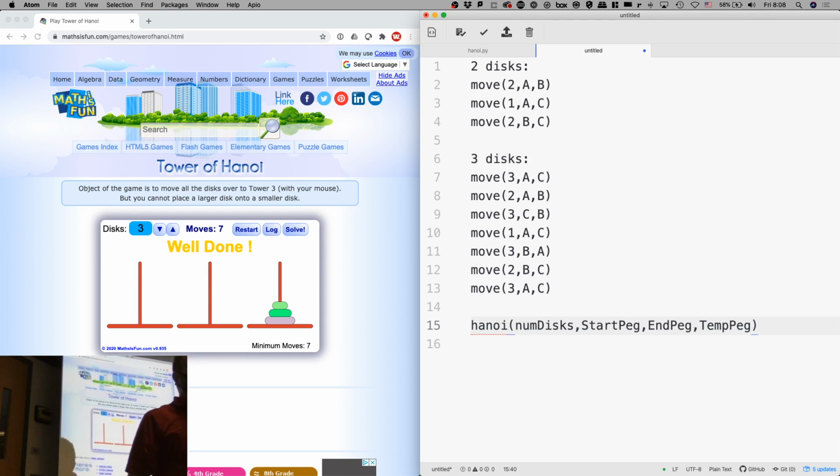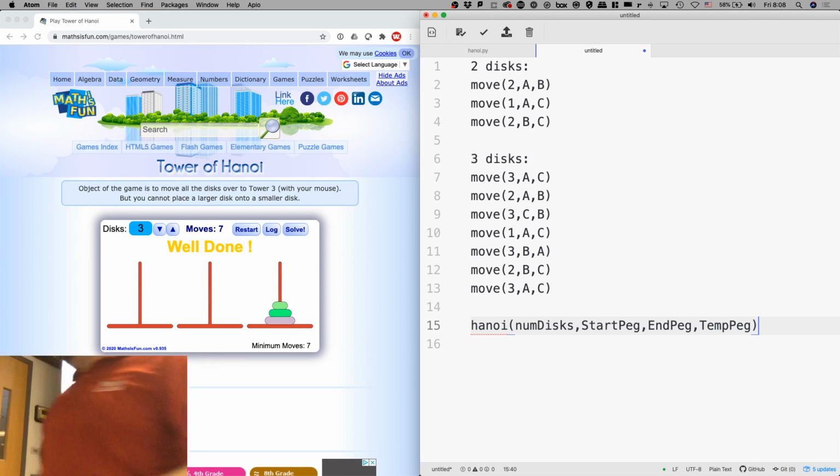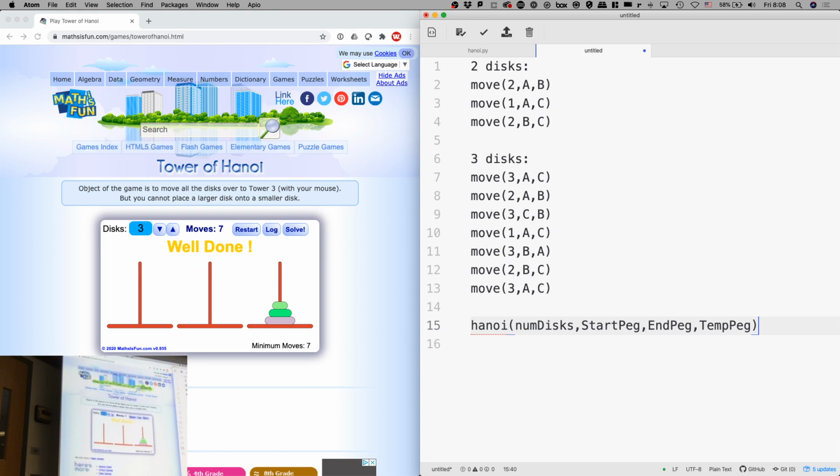In most cases, what will that be? Where's our start peg? A. Where's our end peg? C. And the one that we used as temporary was peg letter B. But as we'll see, that's not always going to be the case.